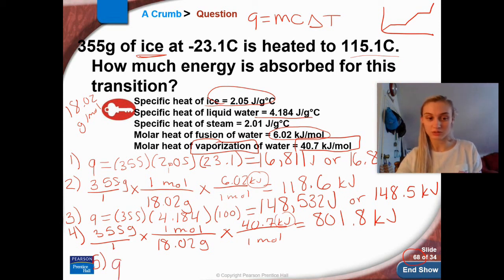It's like Q, conversion, Q, conversion, Q, conversion. For every phase change, you have to do the conversion because you're using your heats of. And whenever you're using your specific heat, you're going to use the Q equation.